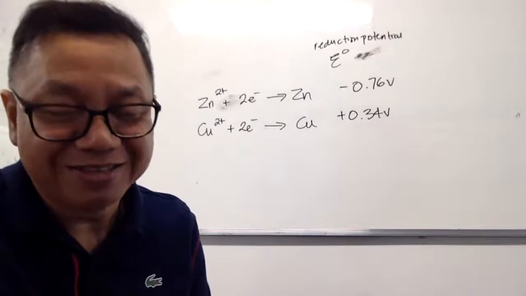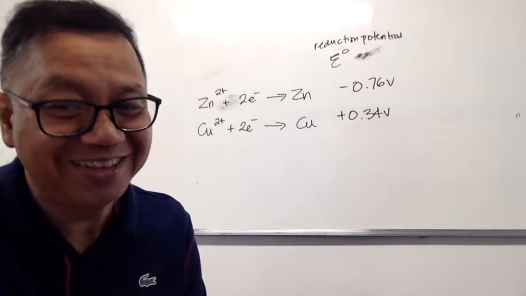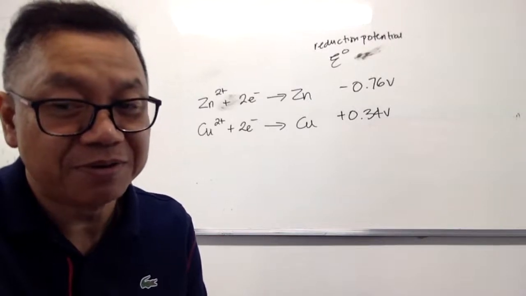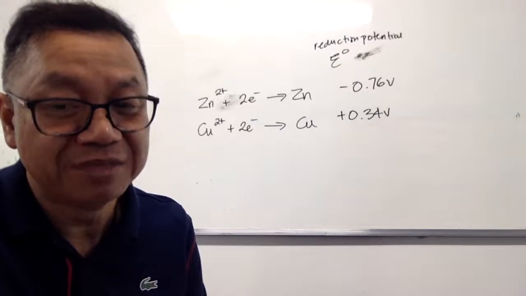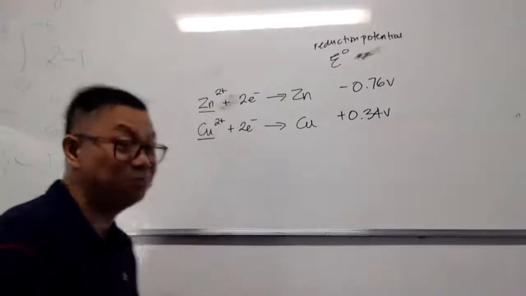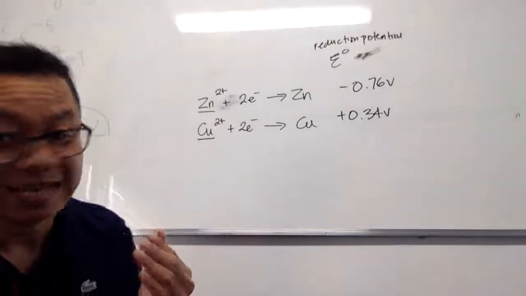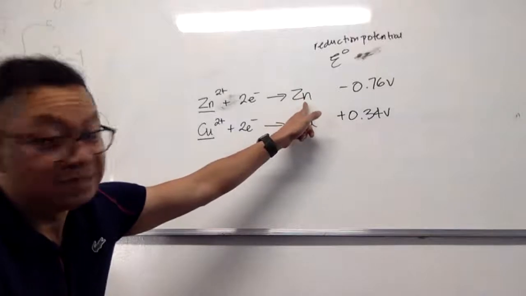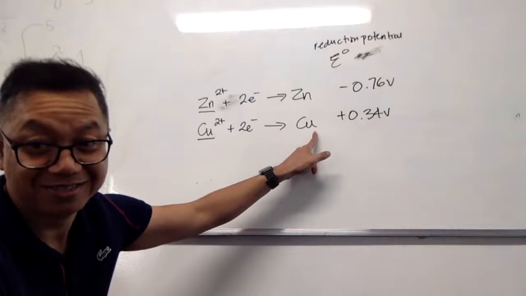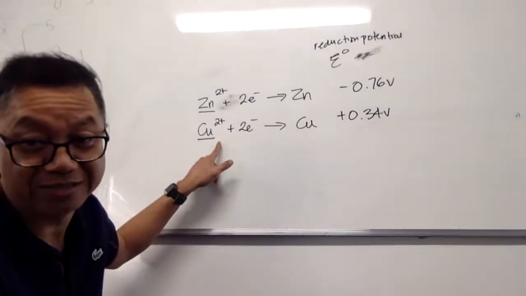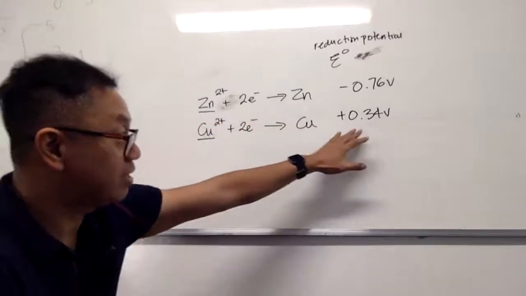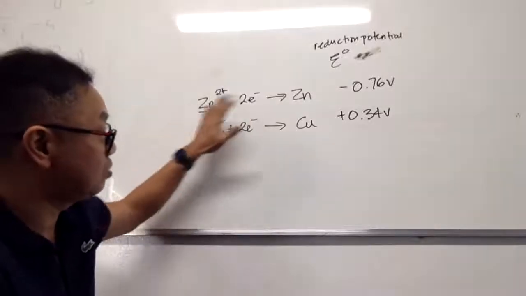Copper. Hold on, we have a problem. All of you are wrong. It's copper 2 plus, or zinc 2 plus, that are the ones. Zinc metal and copper metal, solids, are products. Copper 2 plus is the correct answer, not copper.